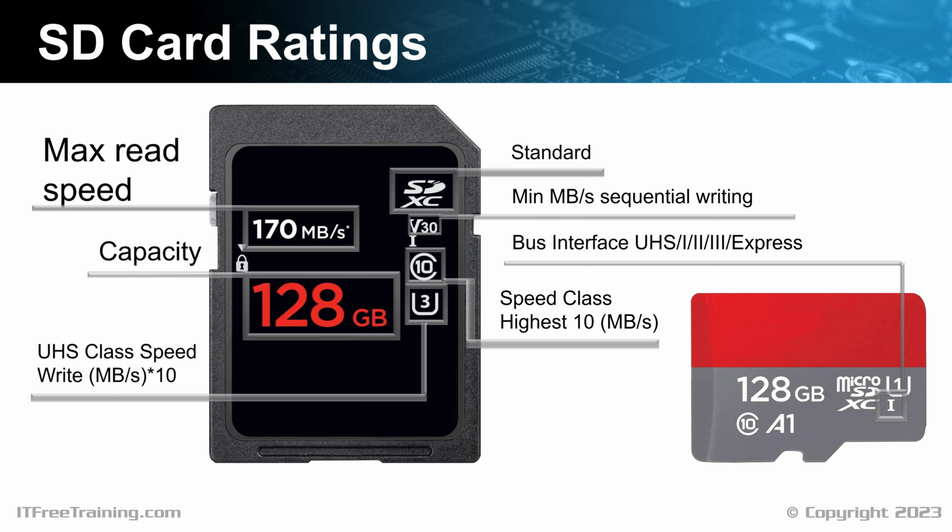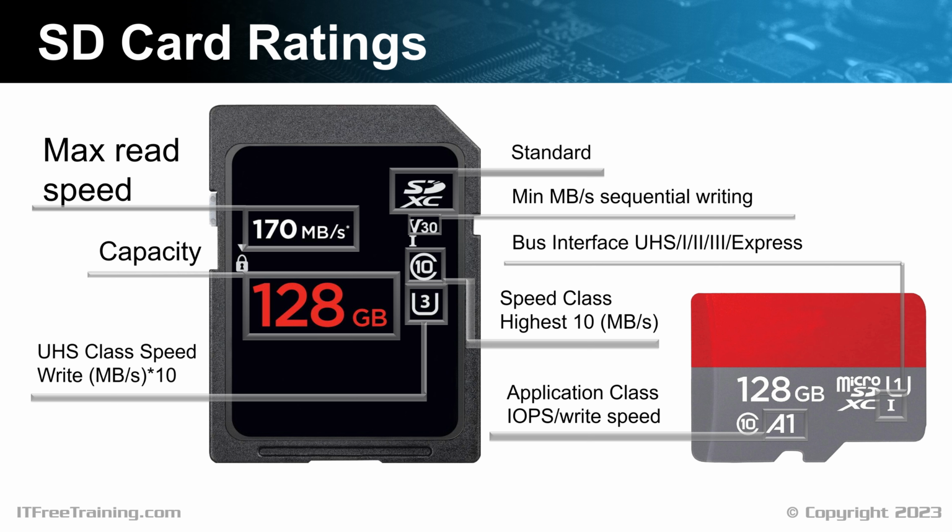Thus, another standard was needed if the SD card was going to be used for this purpose. You'll notice that this specification starts with the letter A followed by a number. This does not appear on the SD card, only on the micro SD card. My guess is this is because you would want this specification if you're using it on a mobile device, which nowadays all tend to use the micro SD cards.